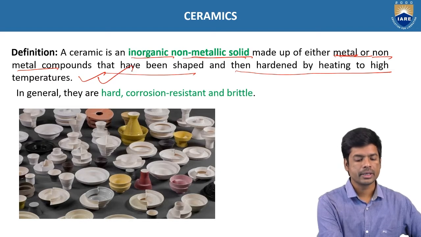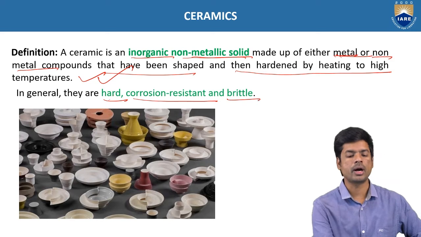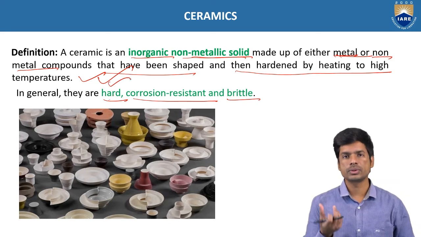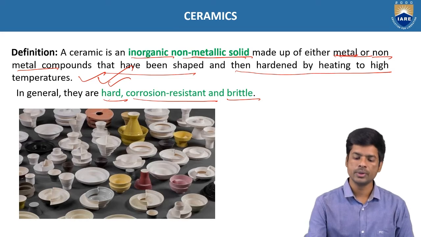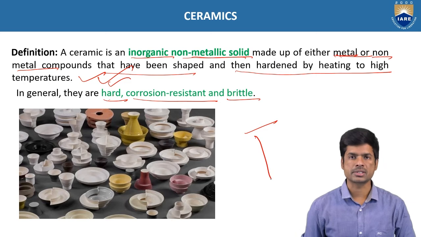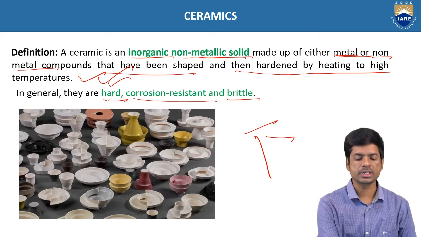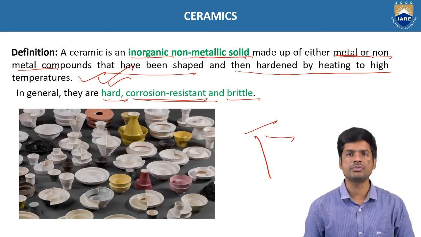In general, ceramics are hard, corrosion resistant and brittle. Hard means they can take extra loads and resist scratching. If you make any indentations on the material, it is going to resist. Next, corrosion resistance: there is no formation of corrosion in these ceramic materials.